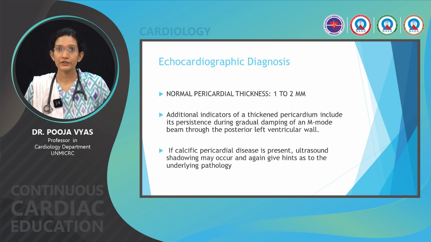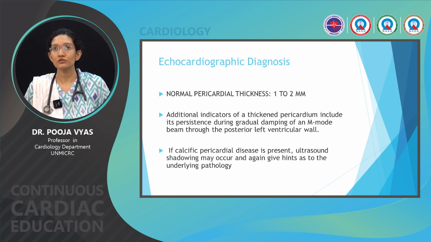Constrictive pericarditis can be diagnosed echocardiographically by M mode also, and the characteristics of the pericardium can be seen on echocardiography. Normal pericardial thickness is 1 to 2 millimeters, and additional indicators of thickened pericardium are persistence during the gradual damping of an M mode beam through the posterior left ventricular wall.